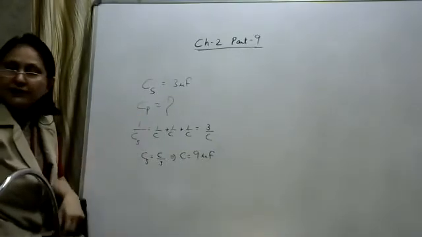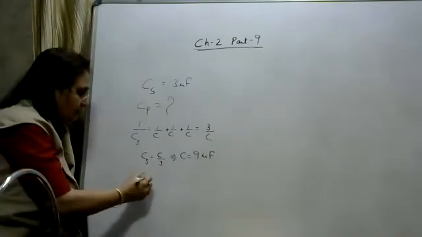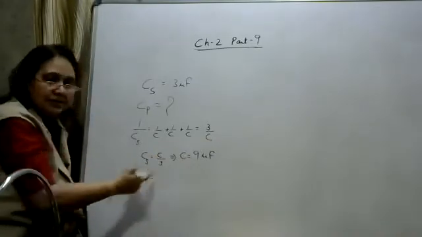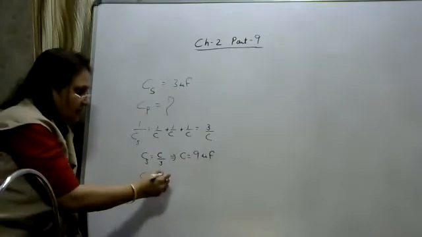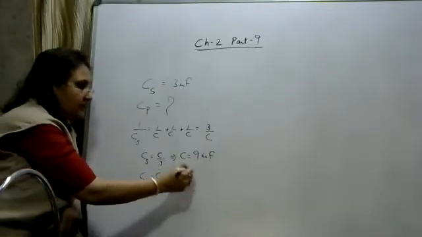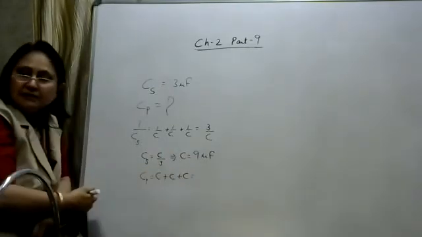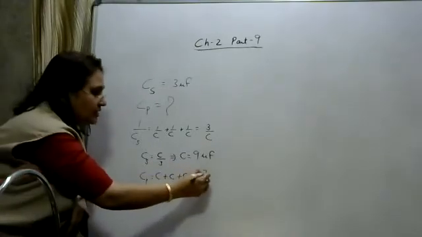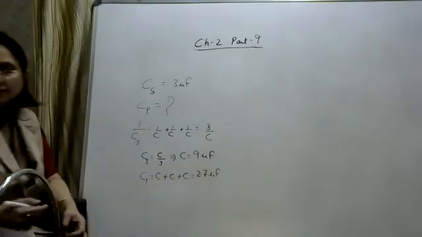Now you can find out when they are connected in parallel: C plus C plus C, that is 9 plus 9 plus 9, equal to 27 microfarad. Is that clear?